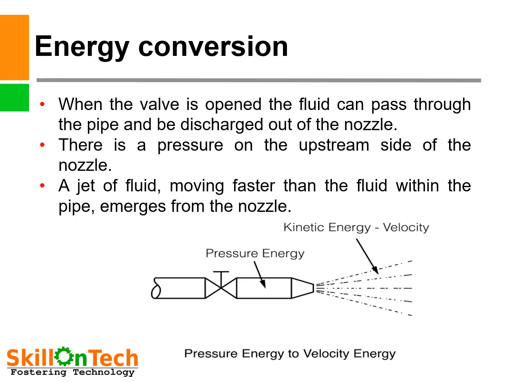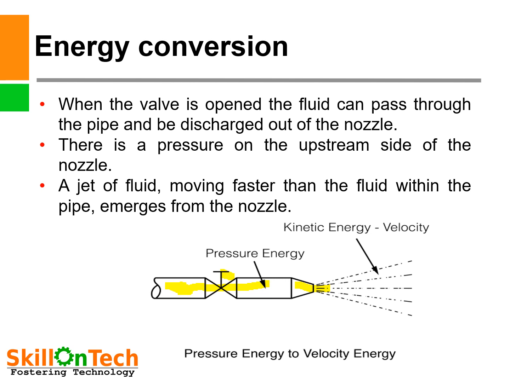Energy conversion. When this valve is opened, the fluid can pass through the pipe from here to here and be discharged out of the nozzle. There is a heavy pressure on the upstream side of the nozzle.